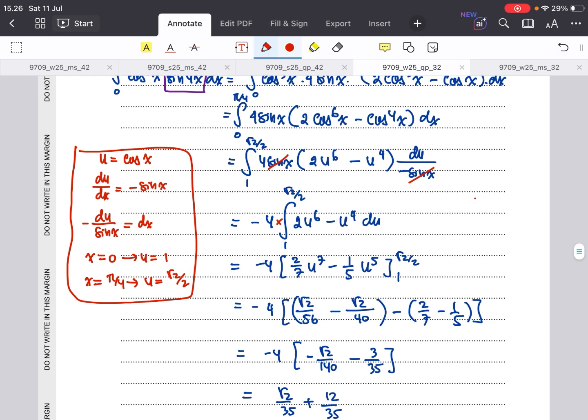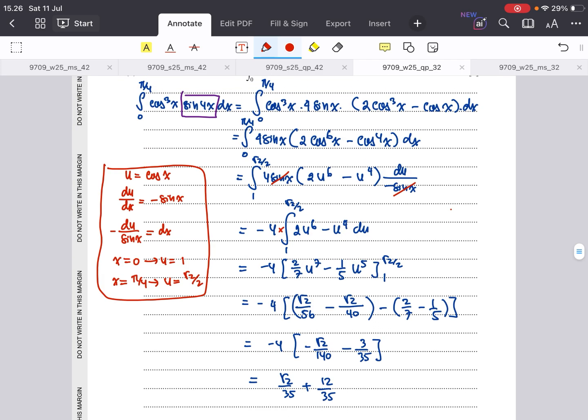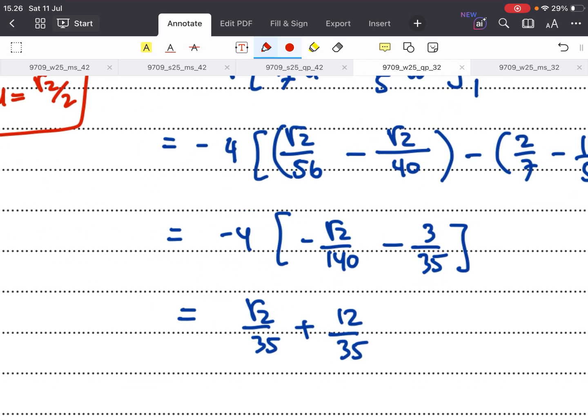And then simplify this, and finally we get the simplest form is square root of 2 over 35 plus 12 over 35.